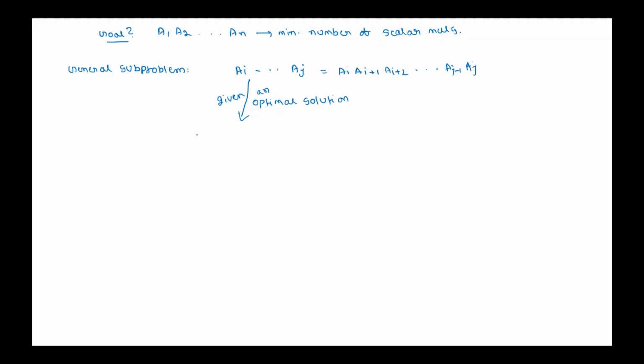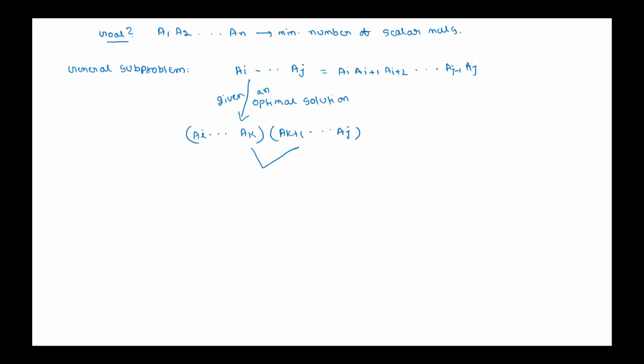That means in the optimal solution to this, they are going to multiply like this. Ai to Ak they are grouping. Next, Ak plus 1 to Aj they are calculating. Then these two they are going to multiply to get the answer for Ai to Aj. Is that okay?